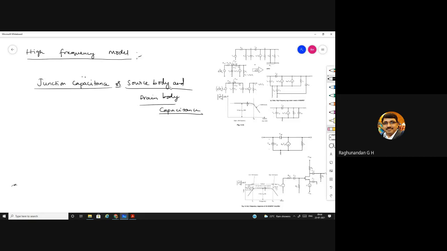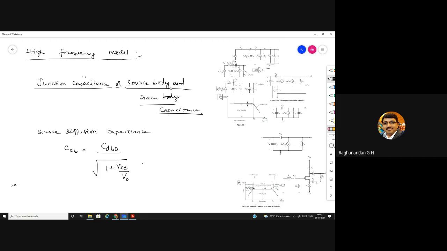So when you consider that N well, or if you take P type P well with respect to the source, then the source diffusion capacitance is given by CSB is equal to CSB 0 by root of 1 plus VSB by V0.